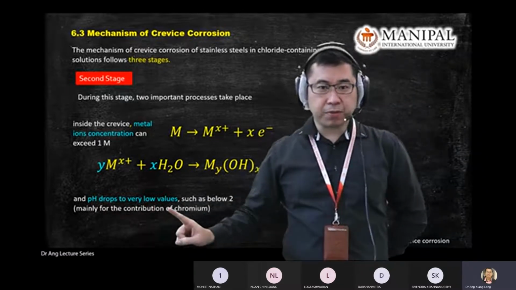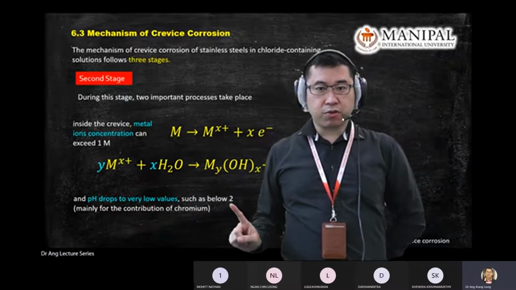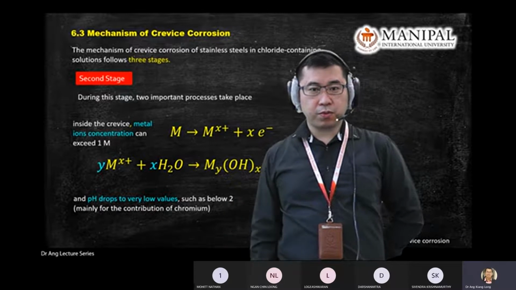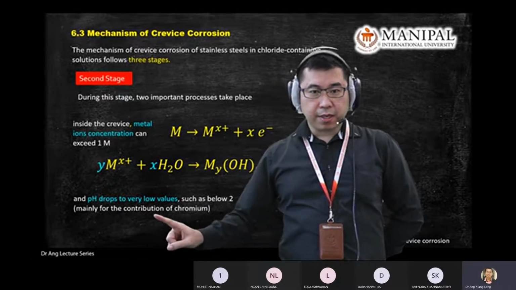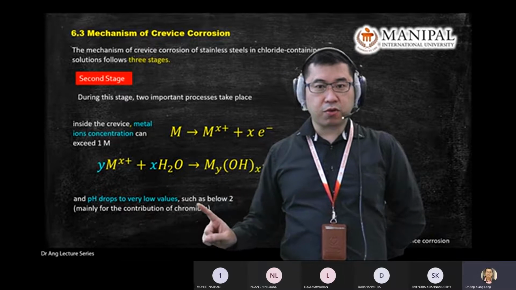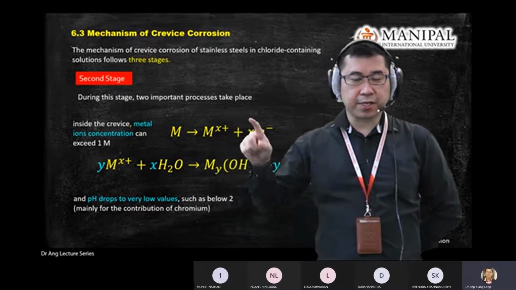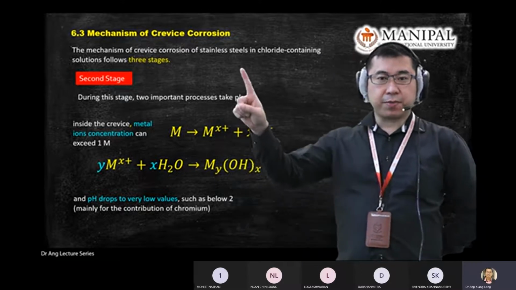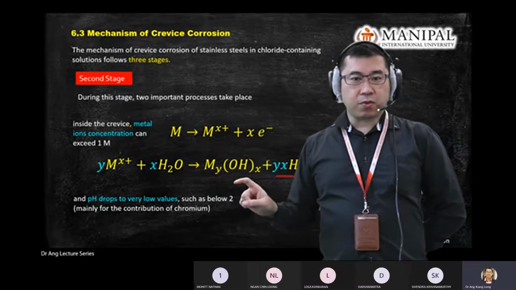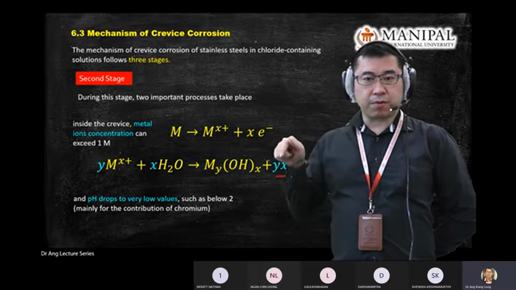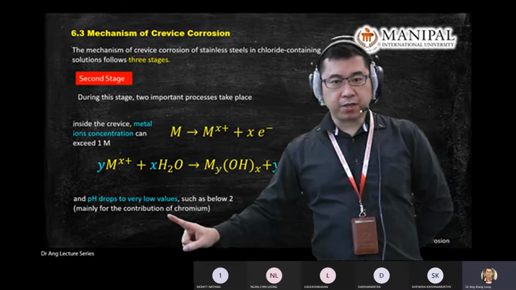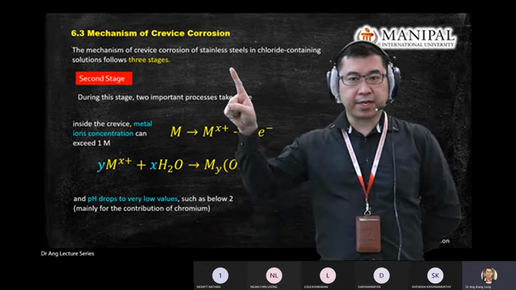So pH drops to a very low value. It can drop to a pH value of 2 because of the chromium element in the stainless steel. We are talking about stainless steel, which you mix with chromium. So why can the pH value drop below 2? It is because of the chromium element inside stainless steels.